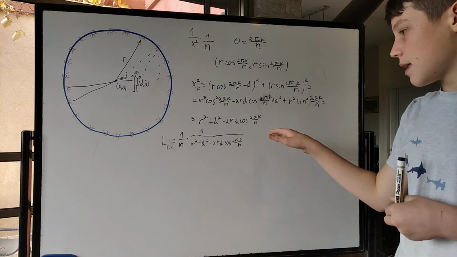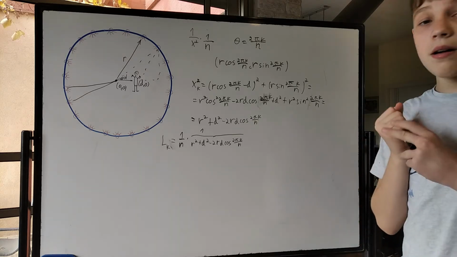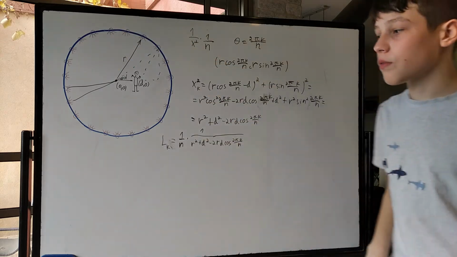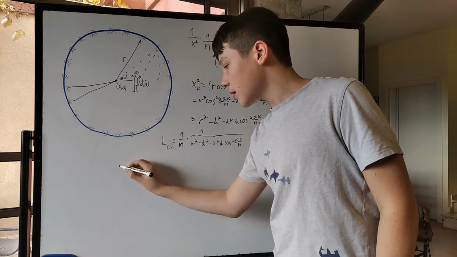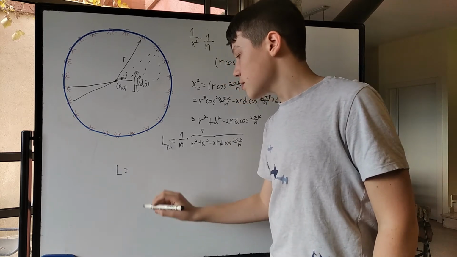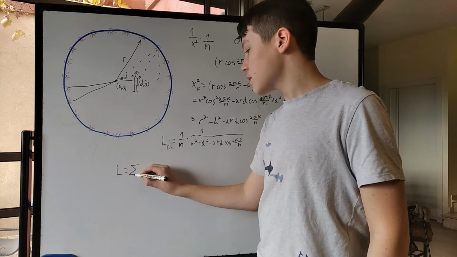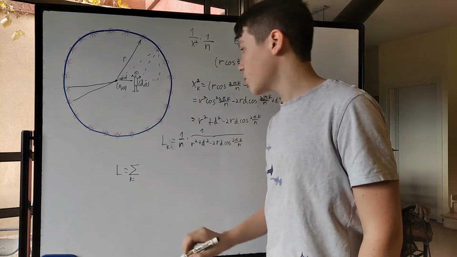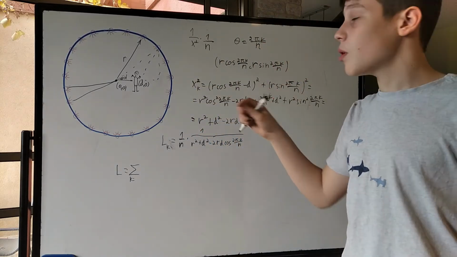Now we figured this out. Like I said, we're just going to sum over all the light bulbs to get the total light, which we'll write as L, the sum as k goes from 0 to n minus 1.